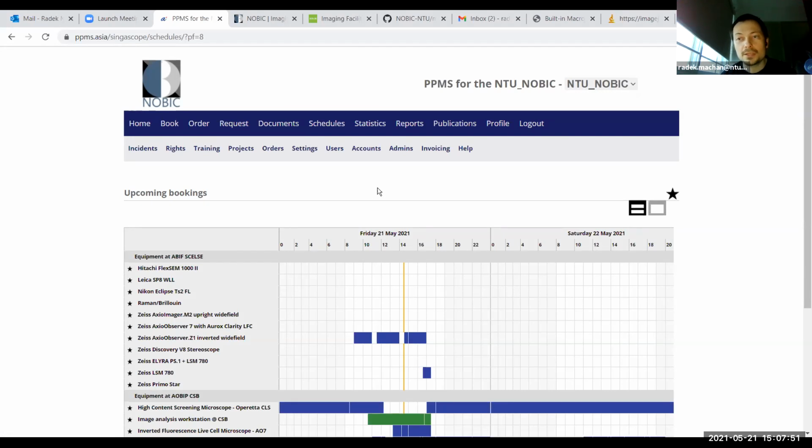There are facilities at A-STAR, NUS, participating in Singascope, and the booking system is common for the whole Singascope. So if, let's say, some of you have used any other of the Singascope facilities, in that case, you already have an account in the booking system and you don't need to create a new one.